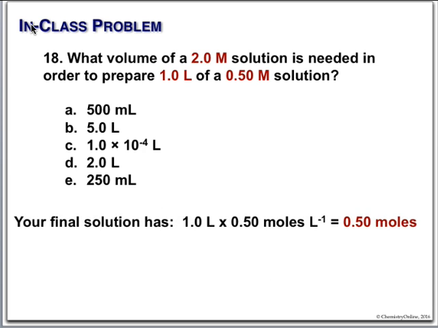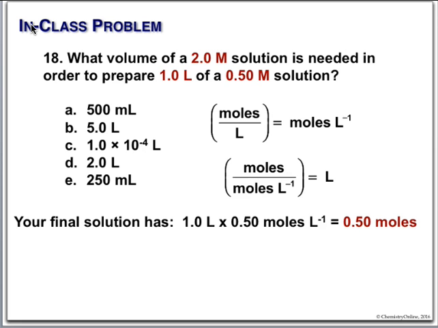Now we want 1 liter of a 0.5 molar solution. Now remember, a molar solution simply means moles per liter, right? This is molar. So we know how many moles we have, that's 0.5. Let's solve this for liters. That's what we're looking for, the volume.